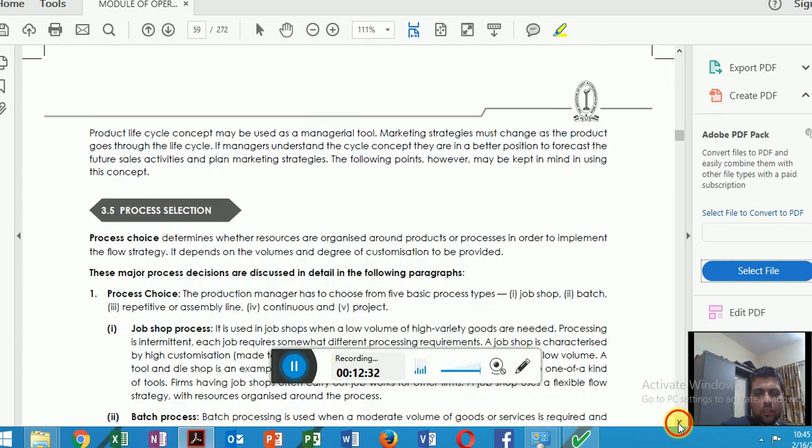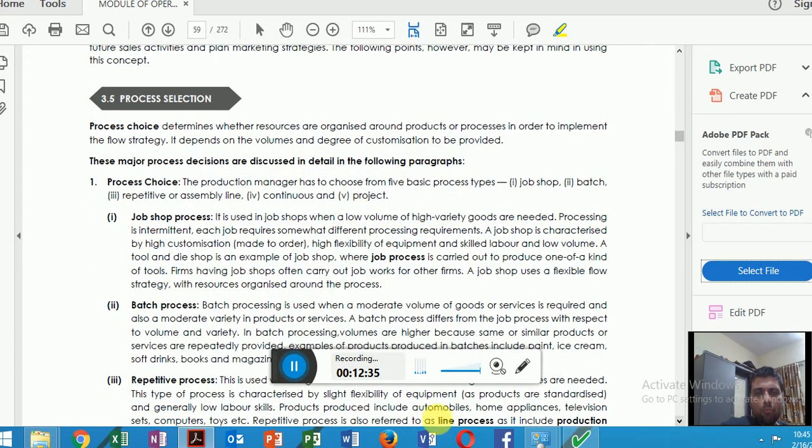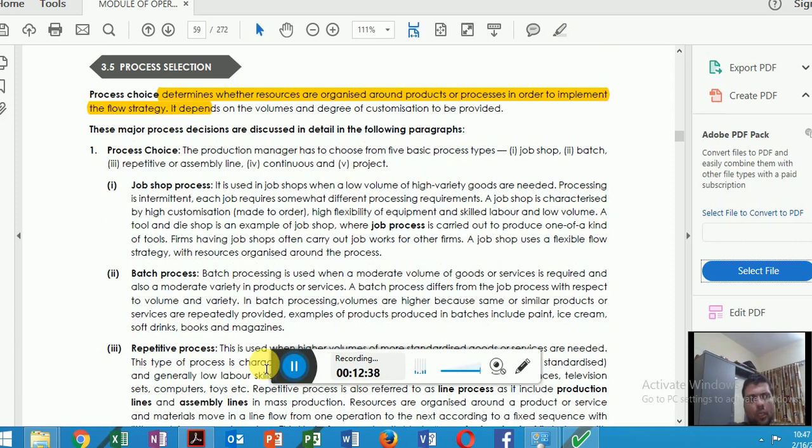Now after this we will try to understand the process selection. The last part of this topic is the process selection. Please understand one thing very clearly here, that the in charge, or you can say the production manager who is handling the production activities in any particular organization, has to select the type of processes to be done depending upon the output or the product which is made.